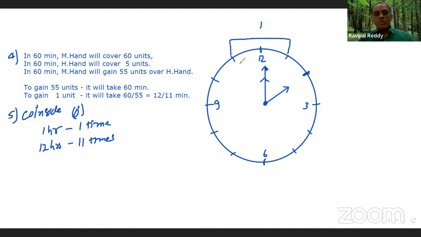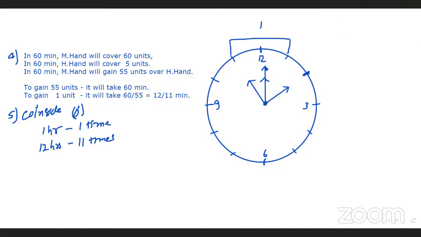Why do these two hands not coincide between 11 and 12? For example, let the present time be exactly 11 o'clock. The hour hand is at 11 and the minute hand is at 12. After 5 minutes, the minute hand will reach from 12 to 1.